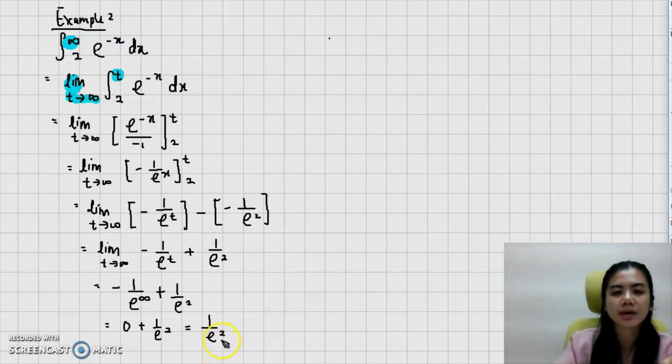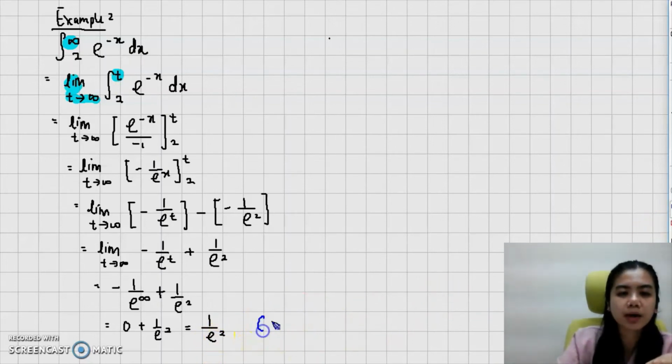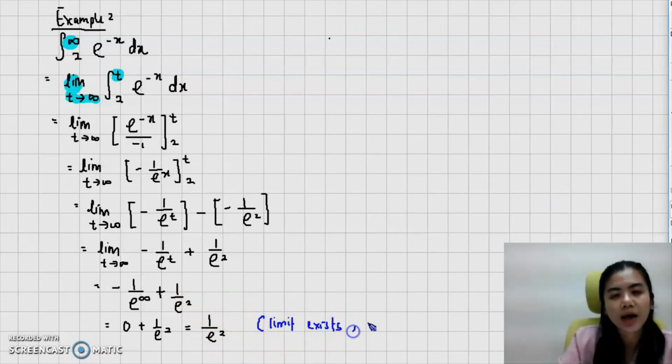You have a number here. So whenever you are able to find a finite number answer, the limit exists, and it is convergent.